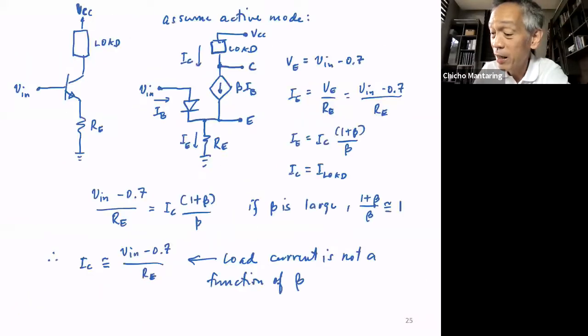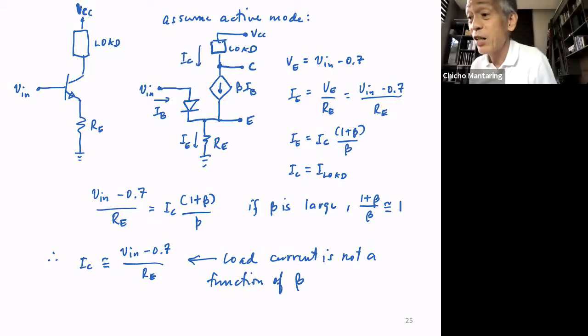But here, IC hardly is a function of beta. Meron pa rin, ano? Kasi 1 plus beta over beta. But that's very close to 1. So my IC in this case is quite stable.